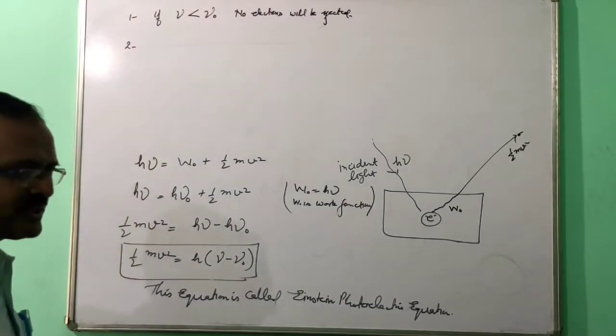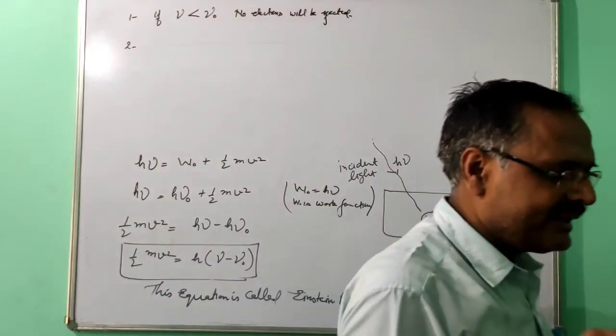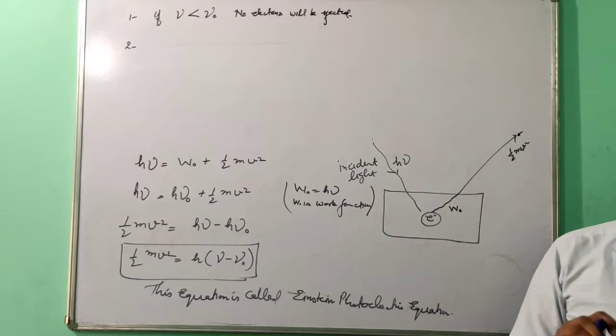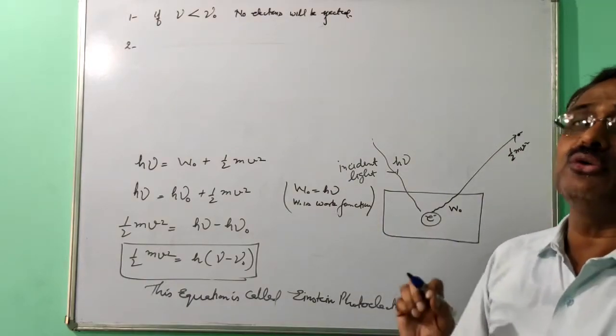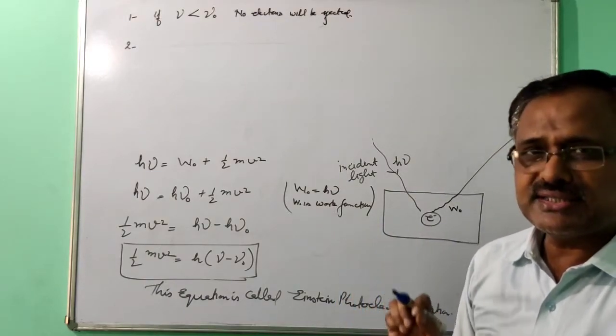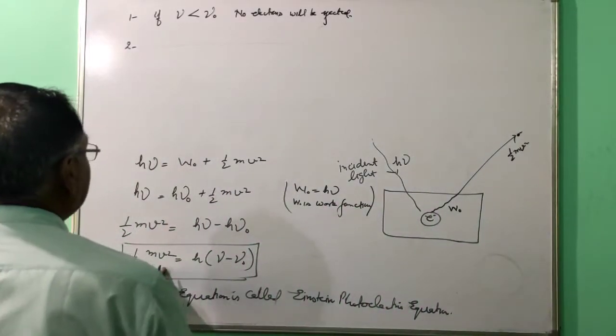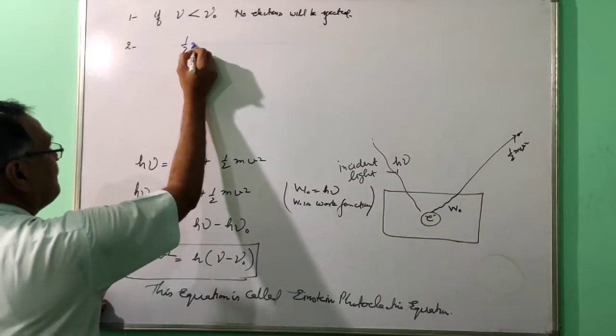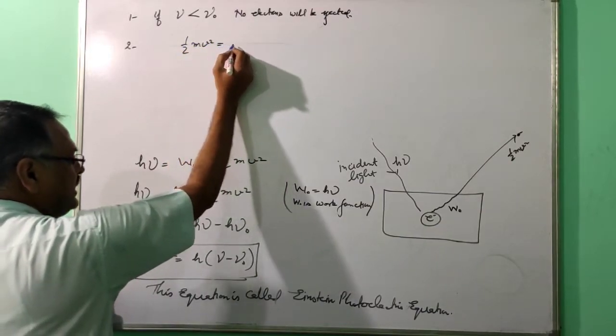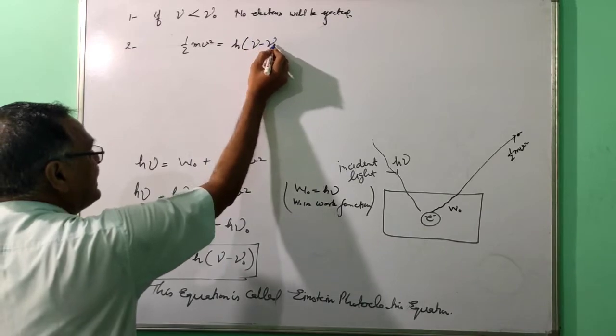Now the second point we will study. The kinetic energy of the ejected electron is directly proportional to the frequency of incident light. Just see, this is the kinetic energy: half mv square is equal to h times nu minus nu naught.